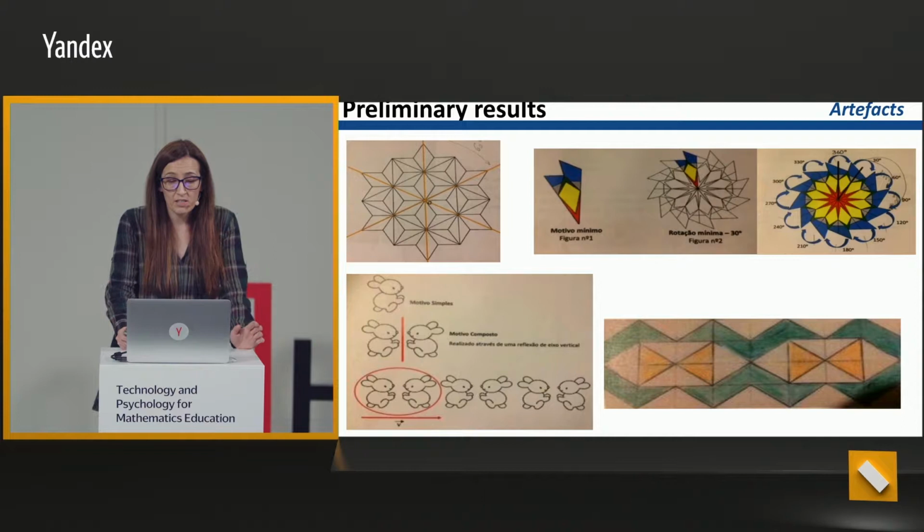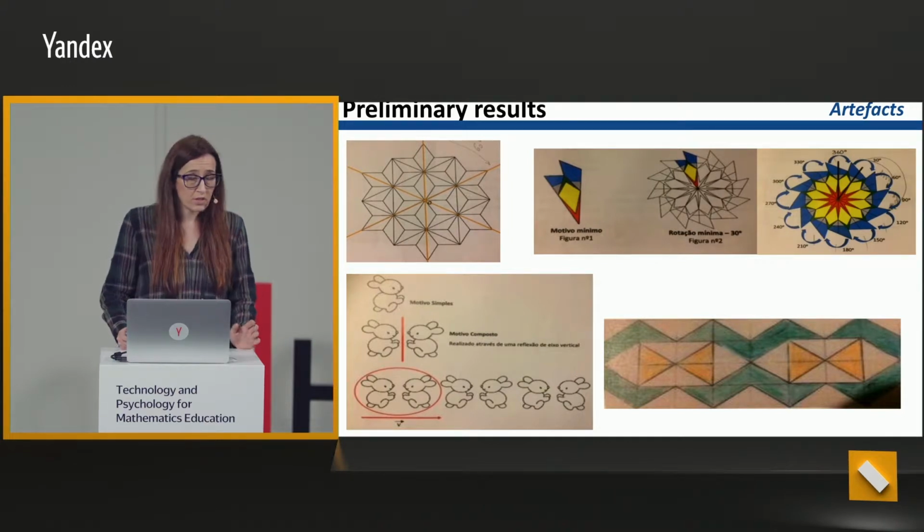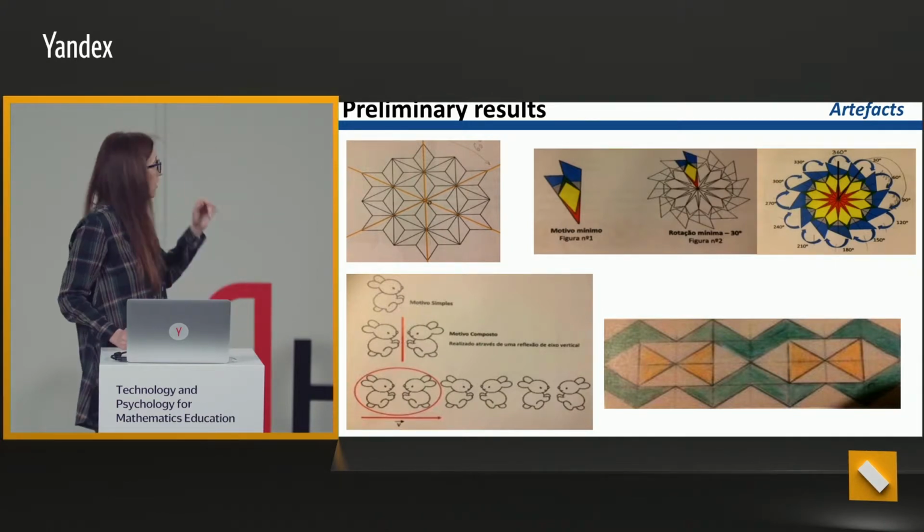However, in other cases, they presented some errors, like, for example, wrongly identifying the angles in a rosette, or others that did not explain at all how they had proceeded, showing only the final result, as we can see in the last figure.